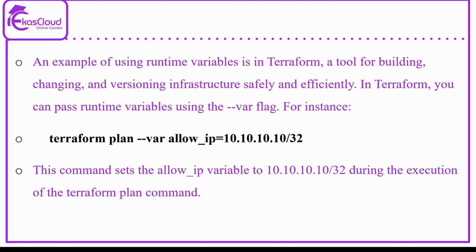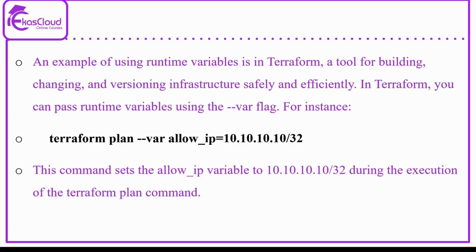Here, terraform plan -var allow_ip=10.10.10.10/32. This command sets the allow-IP variable to the specific IP address during the execution of the Terraform plan command.